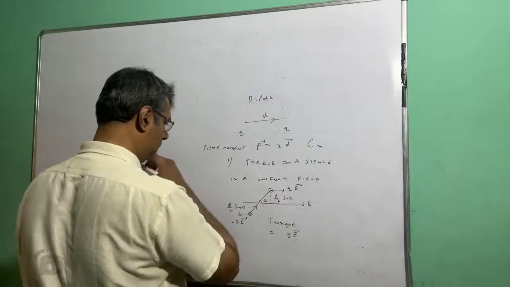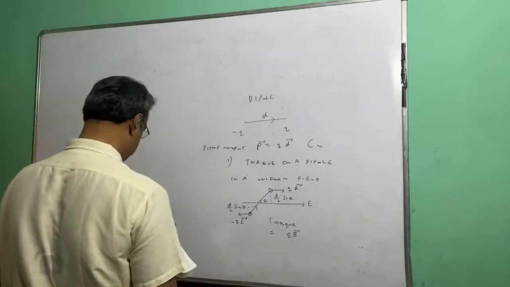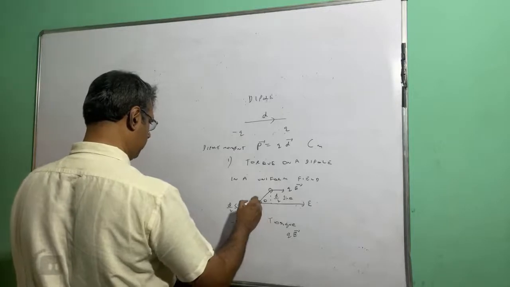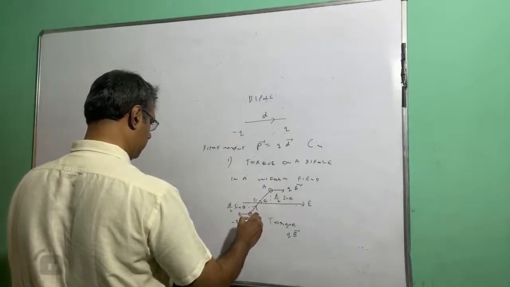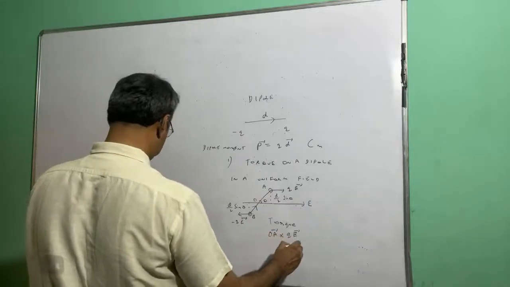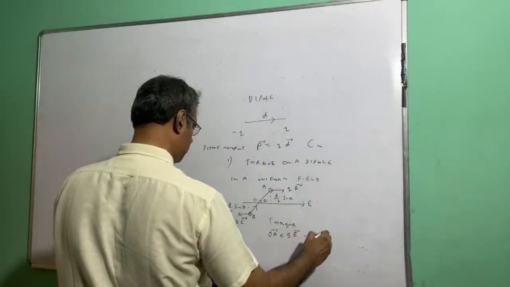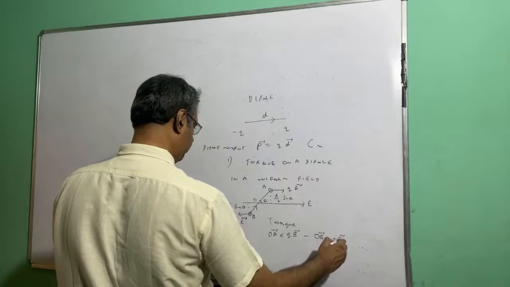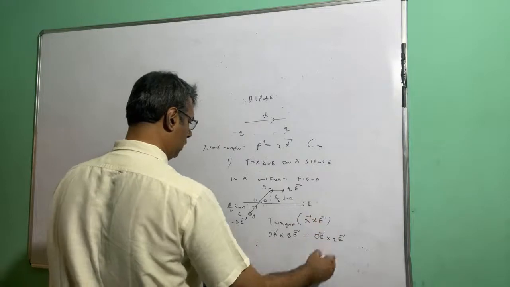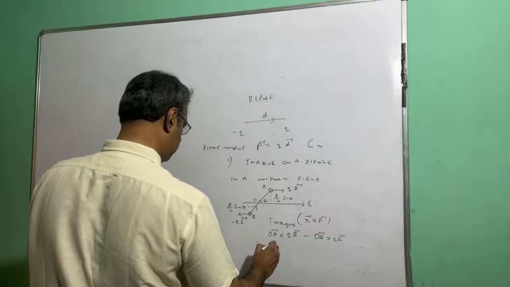Suppose this is O, this is A, and this is B. The torque will be OA cross qE minus OB cross qE, because you remember the formula of torque is r cross F.